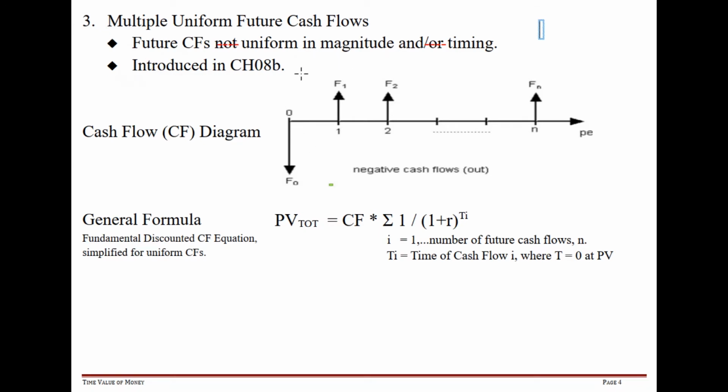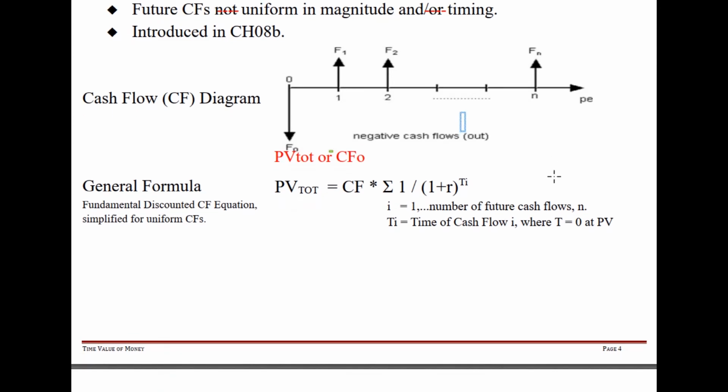These were introduced in CH08b, and a typical diagram for this type of thing would look like this, where we have our PV total or our CF0 down here. Let's write that in. And then all of the future cash flows are the same magnitude, and they happen at the same constant interval in time. So we had several formulas to deal with this type of problem.